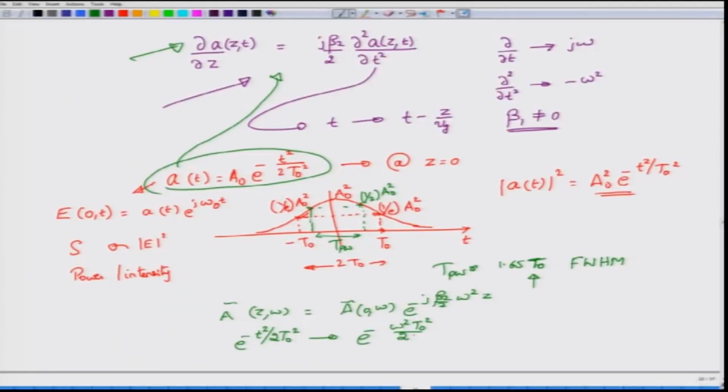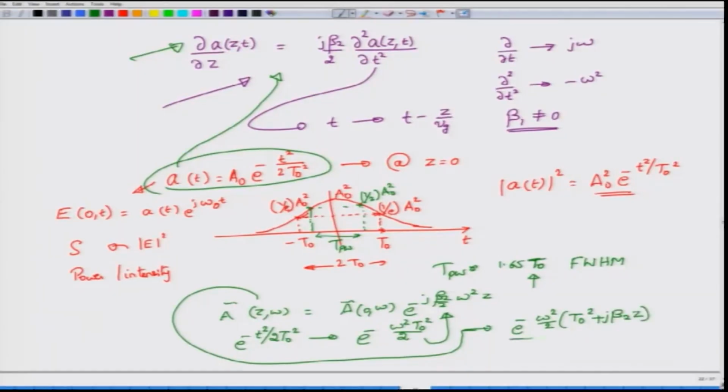Okay. So, when you take this Fourier transform and multiply it by e to the power minus j beta 2 by 2 omega square z, what you will get as the Fourier transform is e power minus omega square, which is a common thing. In fact, omega square by 2 seems to be common, so I am going to remove that one. What I have is t 0 square plus j beta 2 times z.